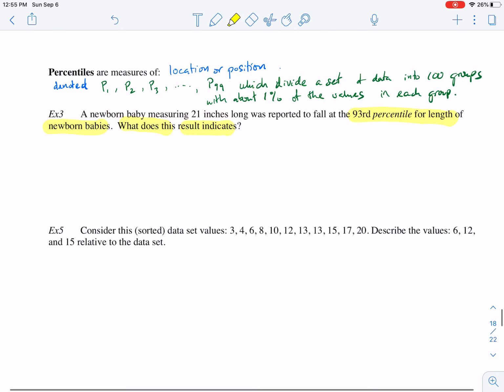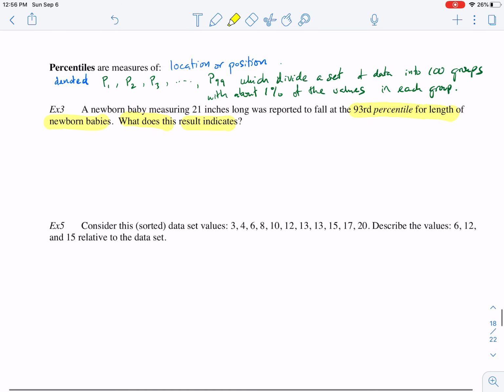So in this example, there's more than one way to interpret it, as long as the wording says what the 93rd percentile represents.